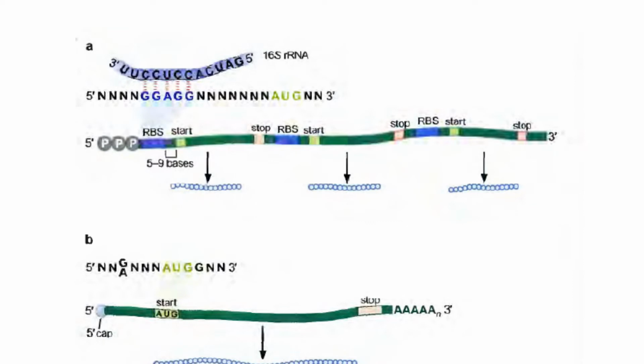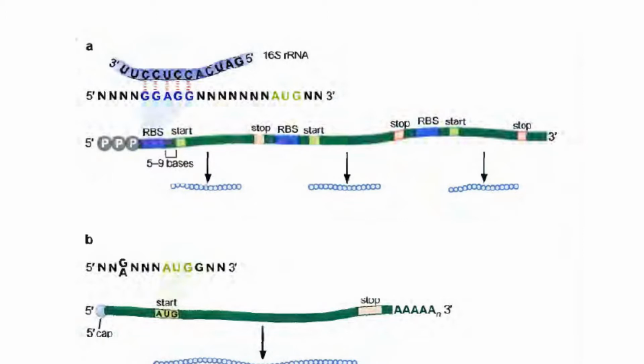Before going into the detailed structure of messenger RNA, we must first understand that all the three types of RNAs, as in the last lecture you have already studied, that there are three types of RNAs: messenger RNA, transfer RNA, and ribosomal RNA.